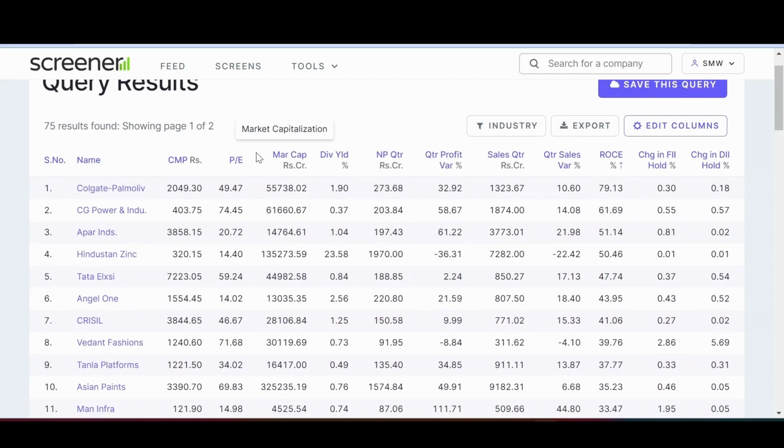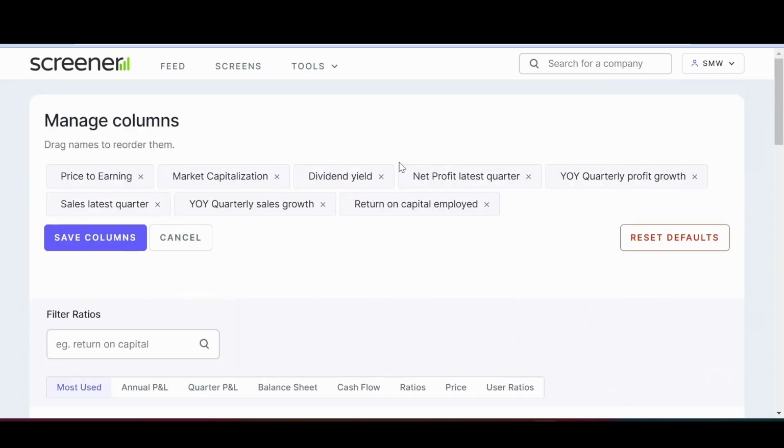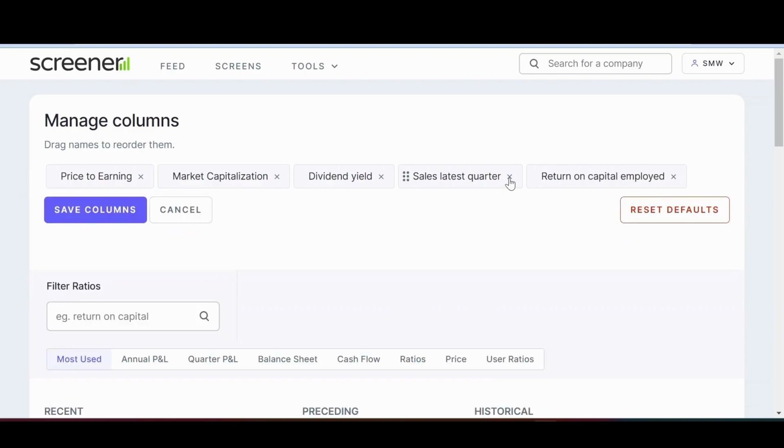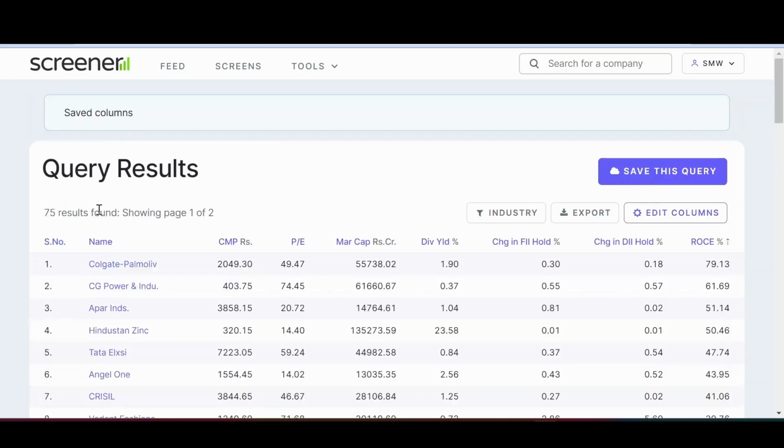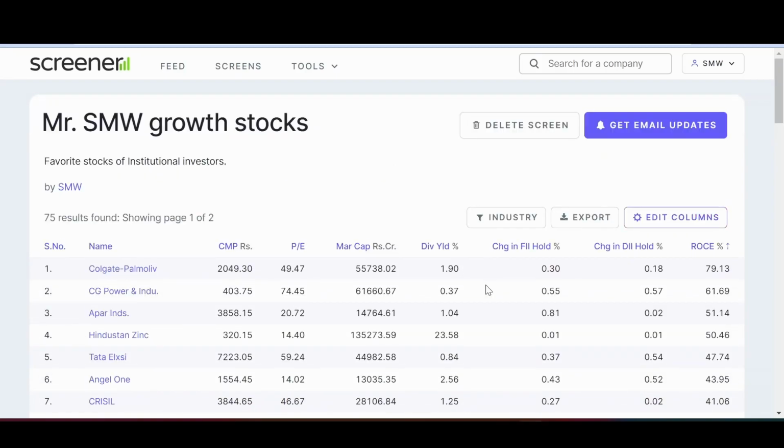Now go to edit columns, because we are not interested in quarter on quarter sales growth and ROCE. We are interested in PE, market cap and dividend yield only, to export this. Why? Because the logic is simple.